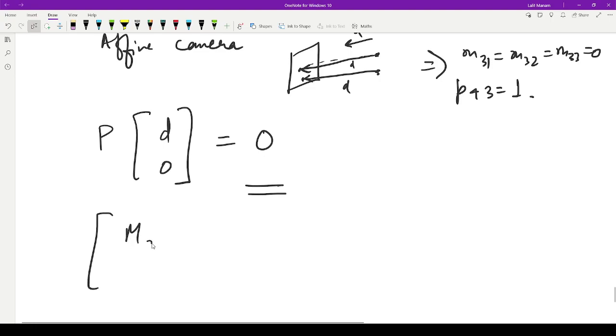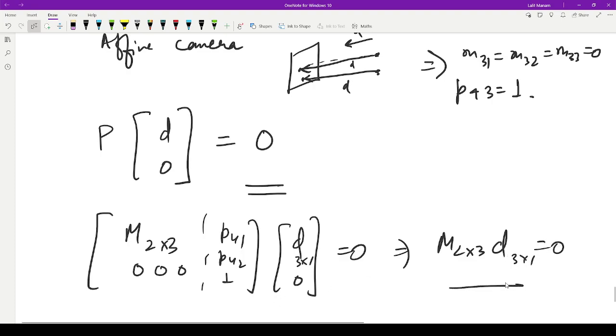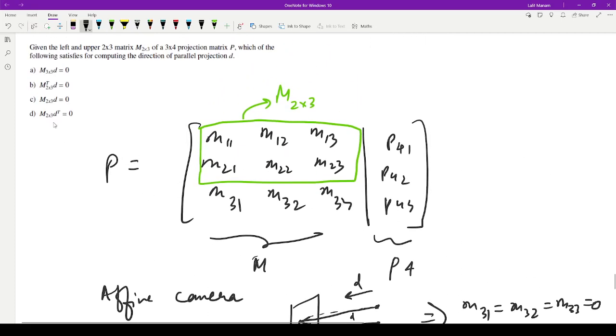So if we just write out the matrix like this, here it's P41, P42, and it's 1, D0 is 0. This leads us to M 2 cross 3 times D, this is 3 cross 1 by the way, is 0. So the correct answer is C. Is this fine?